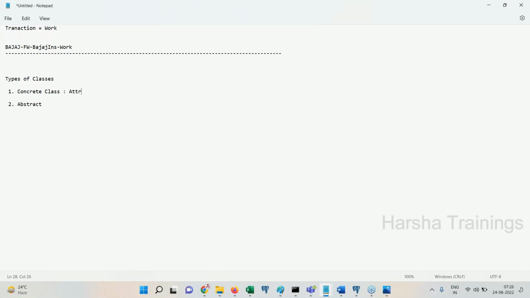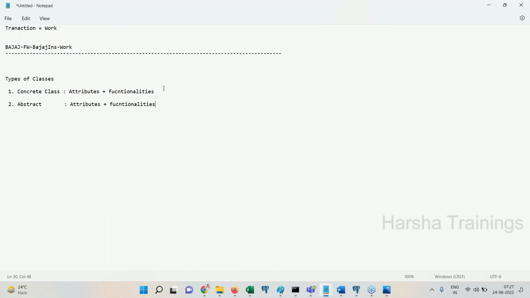So here you have attributes plus functionalities. In the abstract class also you will have the same thing, attributes will be there, functionalities definitely will. So abstract or concrete, both are classes only. We already discussed that a class will have attributes plus functionality, so both will have.